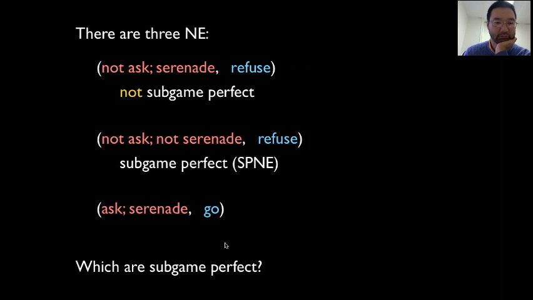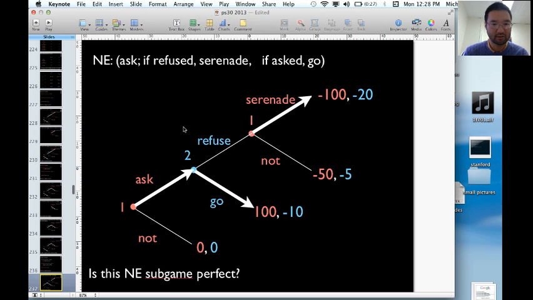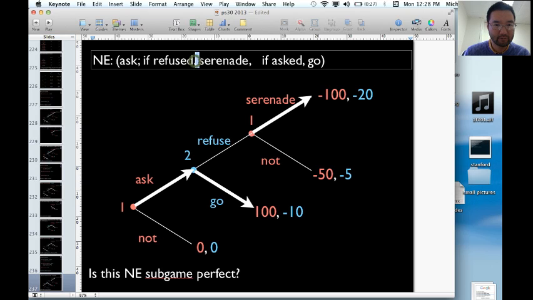Okay. This is the one where kind of the threat works. This is where 1 asks and then serenades. Let me fix that to make it the same as everything else. I'll make the colors too.